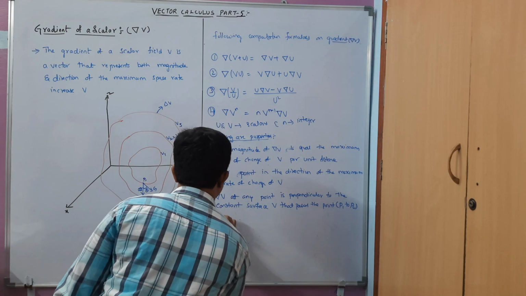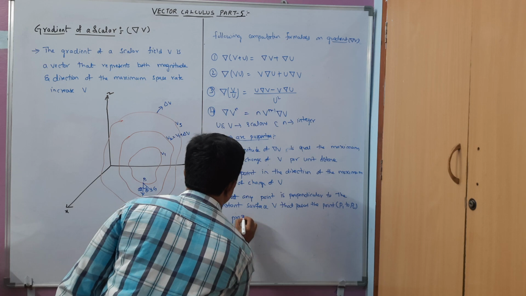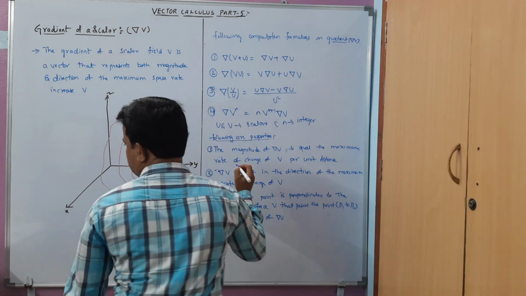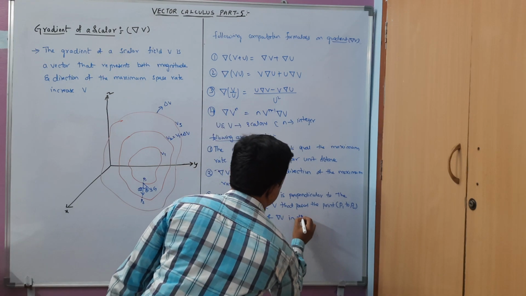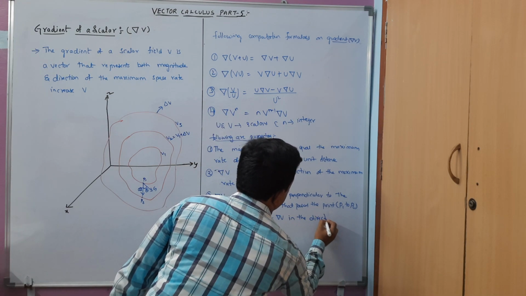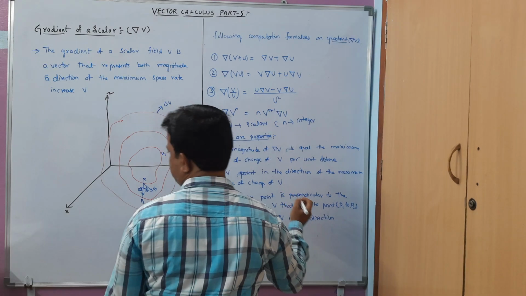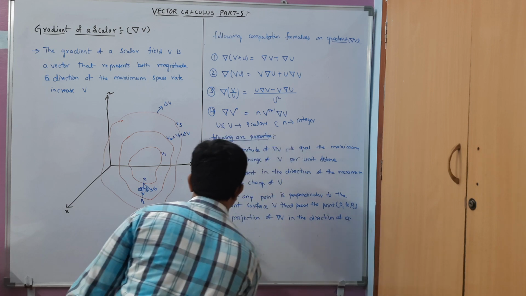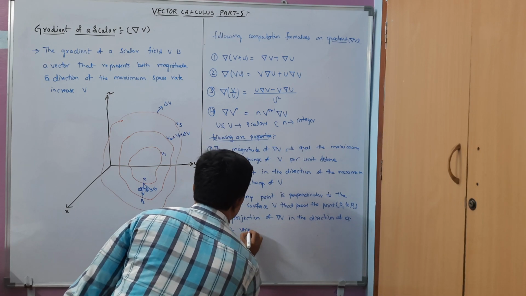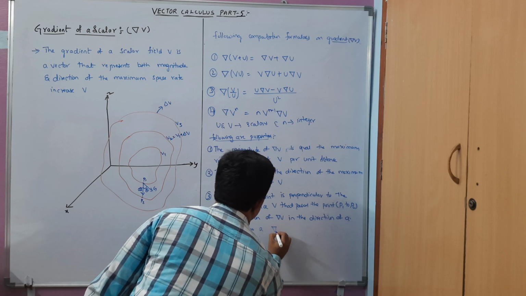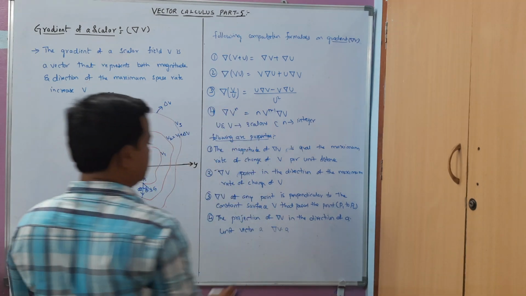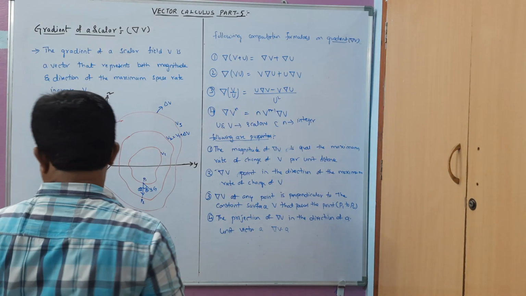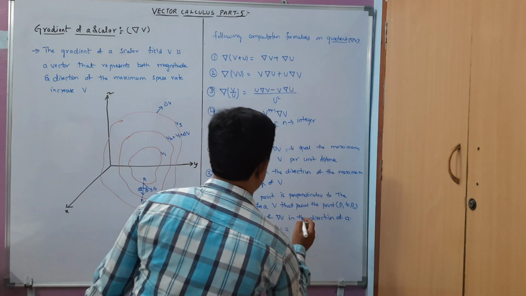The projection of del v in the direction of a unit vector A is del v dot A, which is called the directional derivative.